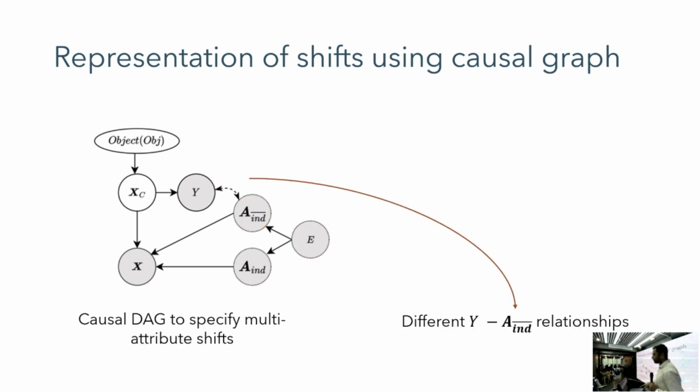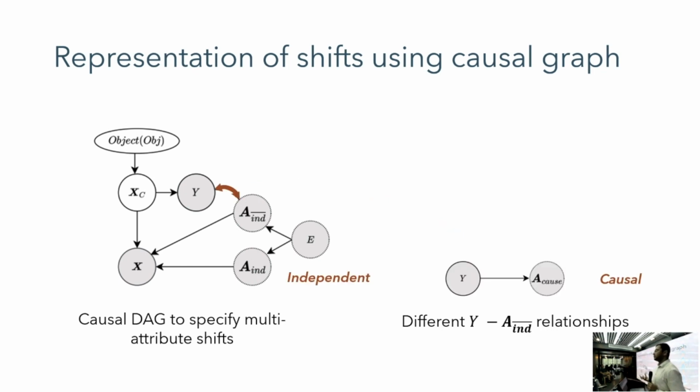Right? And then finally, we can also have different a not int relationships. And this is how causality really helps. So you might imagine breaking down this correlation into what's really happening in your data set. So maybe it's just a direct relationship. Y is causing this a not int variable, a cause.